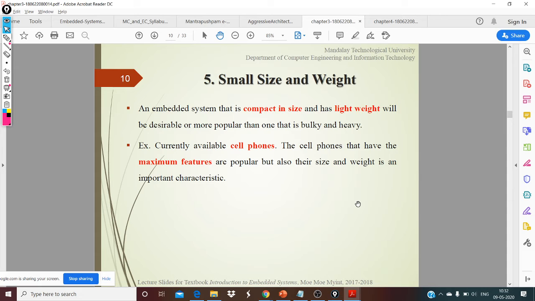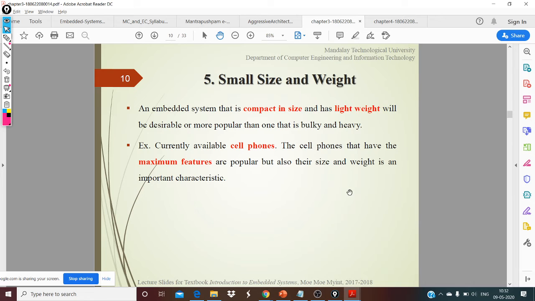Okay. Now, if you take any other embedded system, if you remember, the purpose of an embedded system is only to aid the functionality of the device that it is embedded in. You take a lift, for example. A lift is actually a mechanical system, and you place a microcontroller on top of it.